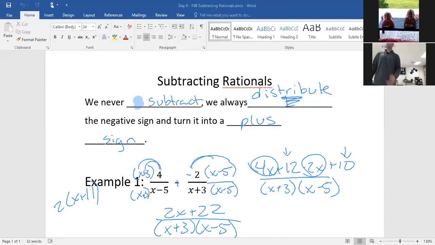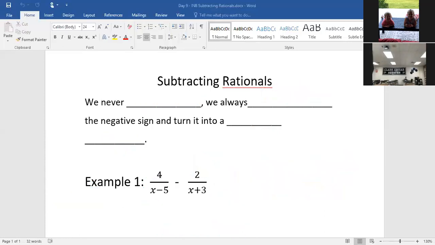In my class, I'm going to say that's an okay answer, understanding that if you put that in for the numerator, that would be okay as well. Or if you were to FOIL the denominator, that would be okay with me as well. All right, moving on.